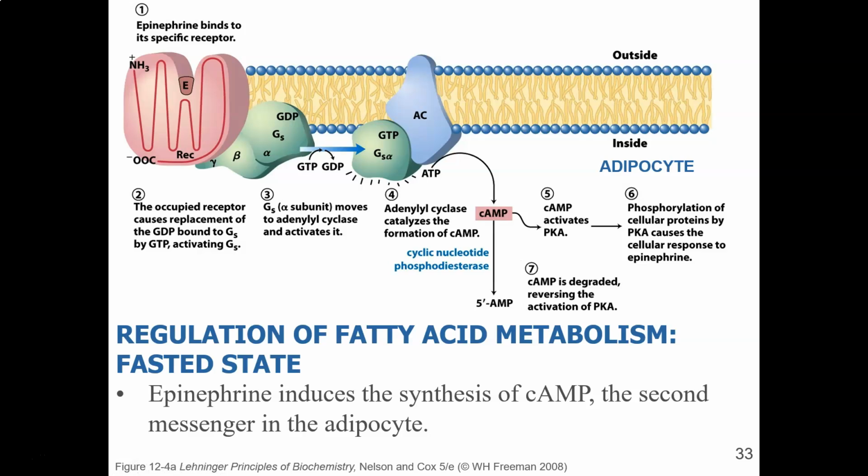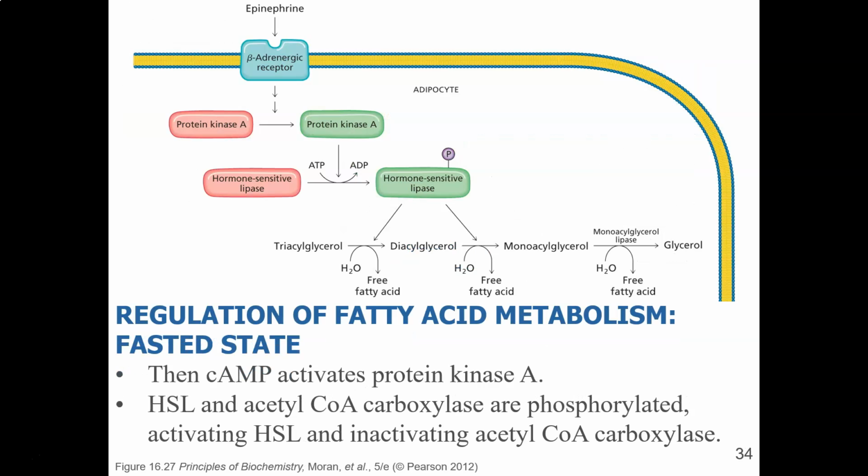Four molecules of cyclic AMP will then bind to protein kinase A and activate it. And protein kinase A does what all good kinases do, and it catalyzes the phosphorylation of cellular targets. In this picture, the entire activation cascade isn't shown, but I did show you that on the last slide.